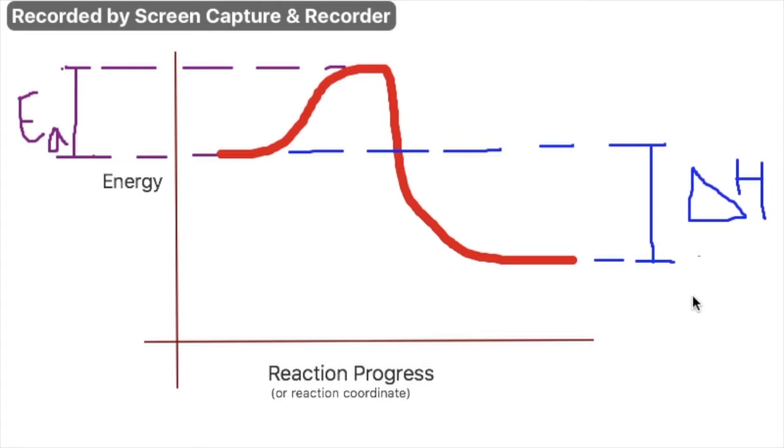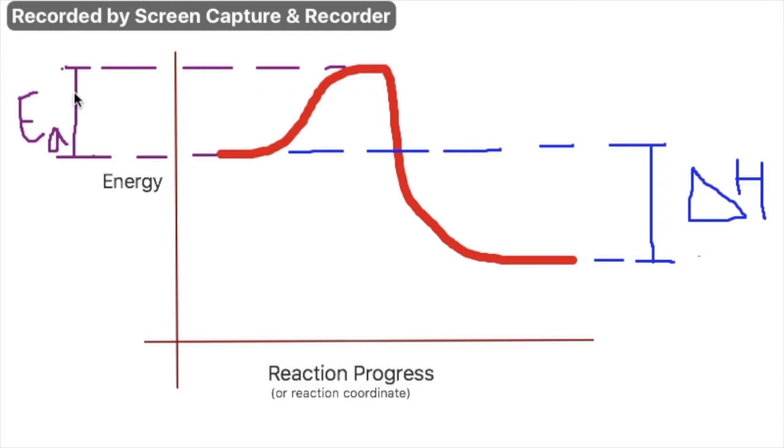So we would have, of course, a negative delta H. The amount of energy in the system decreases. Energy is released into the surroundings. And so in this case, again, our delta H is the difference from where we start to where we end. And again, activation energy is the amount of energy required to get from where you start to the highest energetic point.